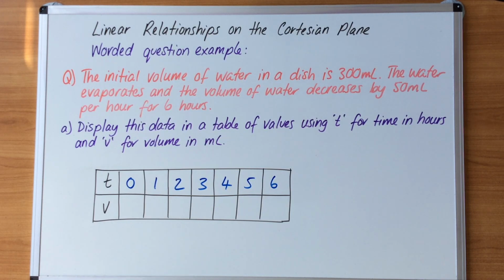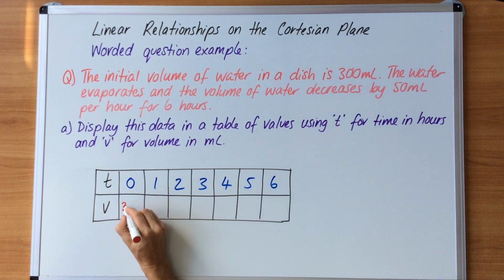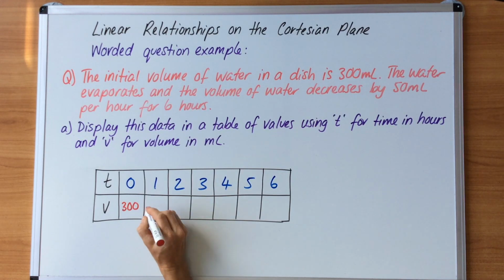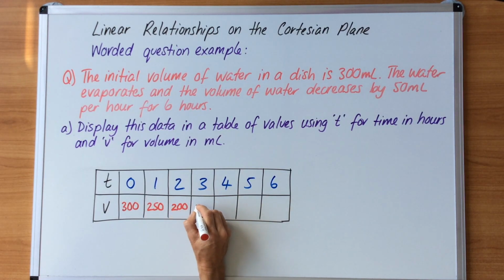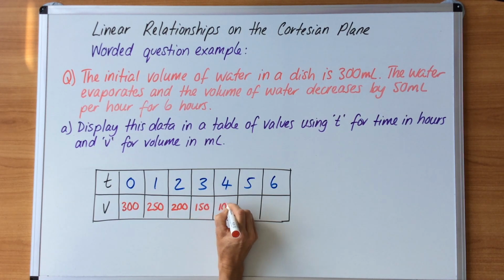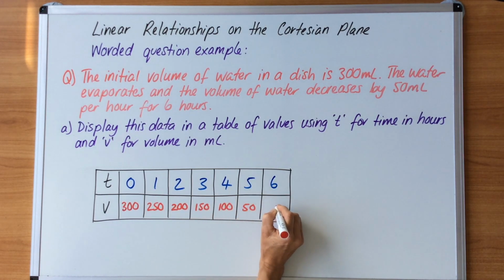We also know that we start at 300 milliliters at 0 hours, and it decreases by 50 milliliters per hour. So I'm putting that into the table now. And by 6 hours we have nothing. So we have now completed the table of values.